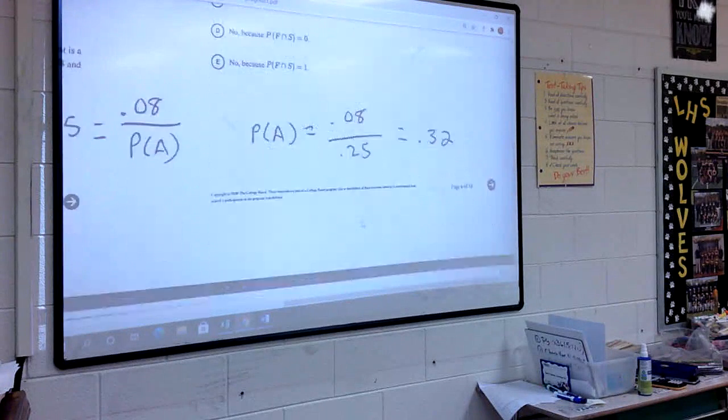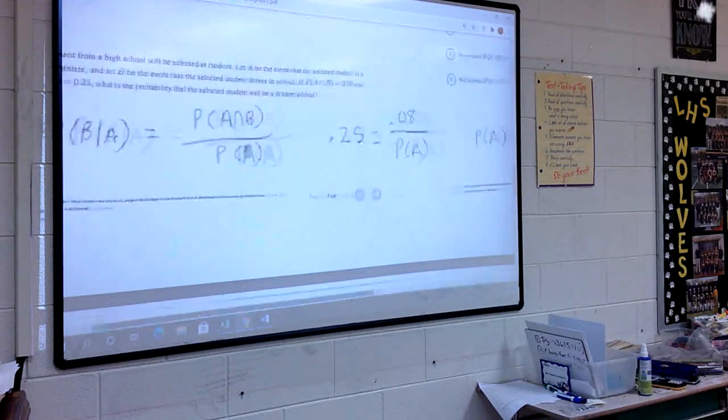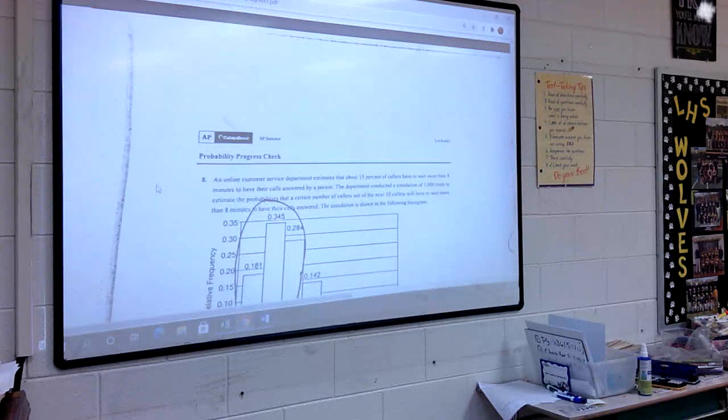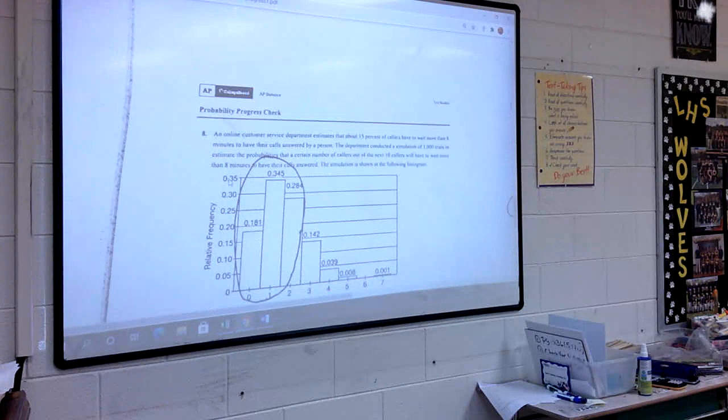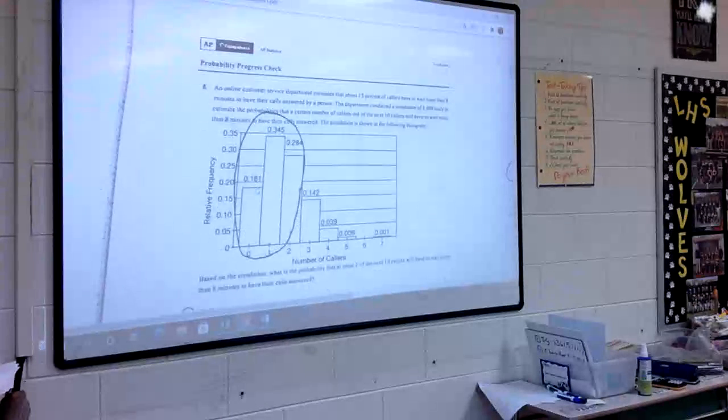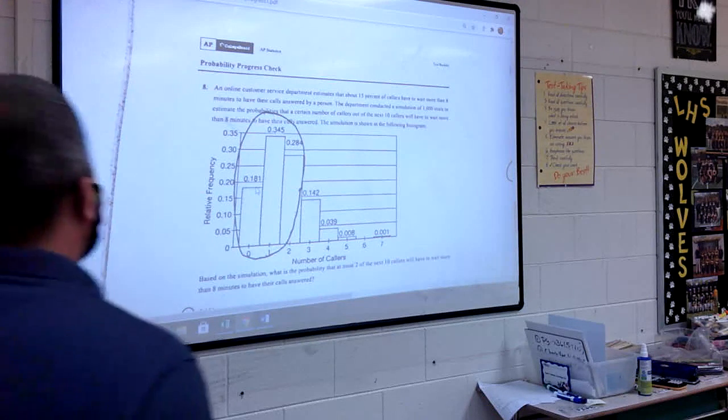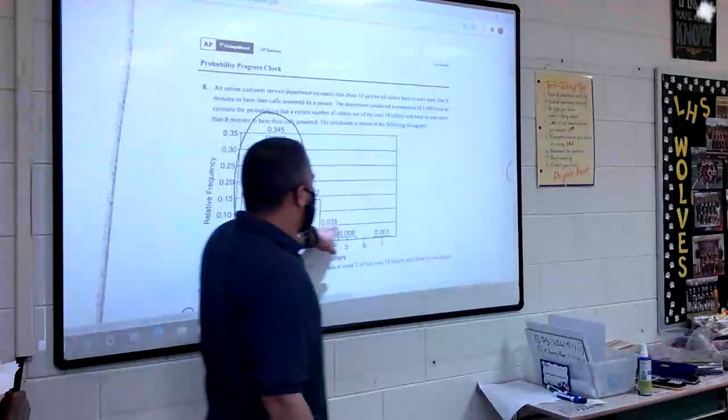All right, so we move down to number 8. Number 8 says there's a simulation, and it asks, based on this simulation right here, what's the probability that at most, that means 2 is the highest, that at most 2 of the next 10 callers will have to wait more than 8 minutes to have their calls answered. So these are how long they have to wait to have their calls answered.